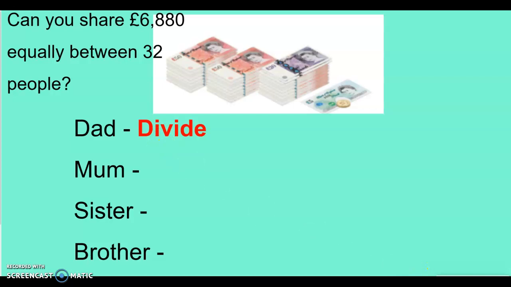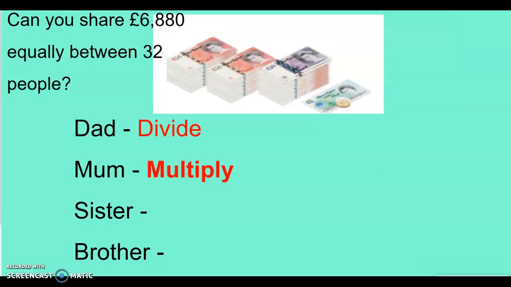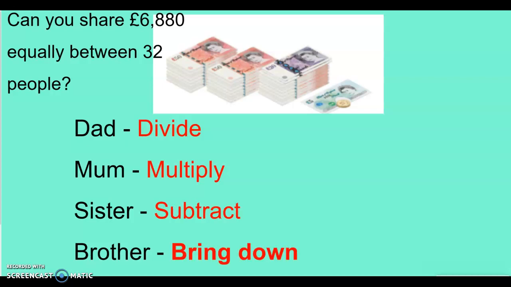Mum, remember what that was? Multiply. Mum was multiply. Sister was subtract. And brother, beginning with B, what did we do? We bring down. And you'll see how this all works because we're about to do a long division.